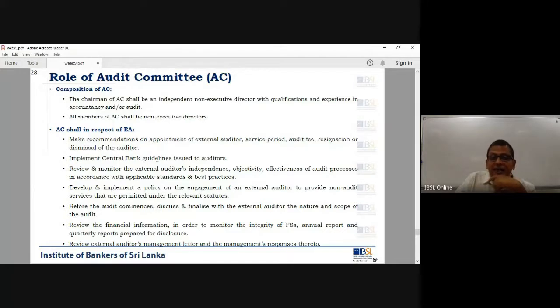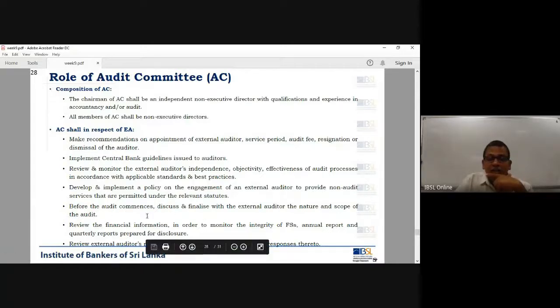They implement central bank guidelines issued to auditors, review and monitor the external auditors' independence, objectivity, and effectiveness of the audit progress in accordance with applicable standards and best practices, and develop and implement a policy on the engagement of the external auditor to provide non-audit services that are permitted under the relevant statutes.